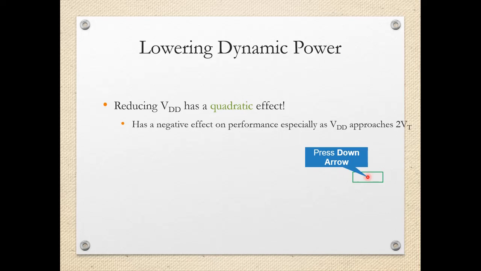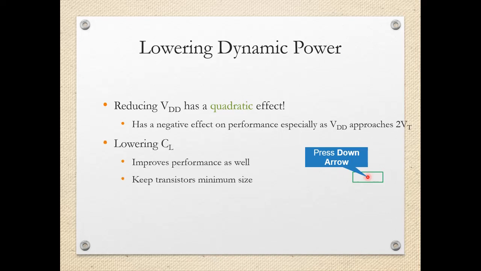But this reduction in VDD has a quadratic effect. It has a negative effect on performance of the MOSFET, especially as VDD approaches twice VT, the threshold voltage. So we can reduce VDD to reduce the power consumption, but there is a lower limit on VDD, because it has a negative effect on the operation.